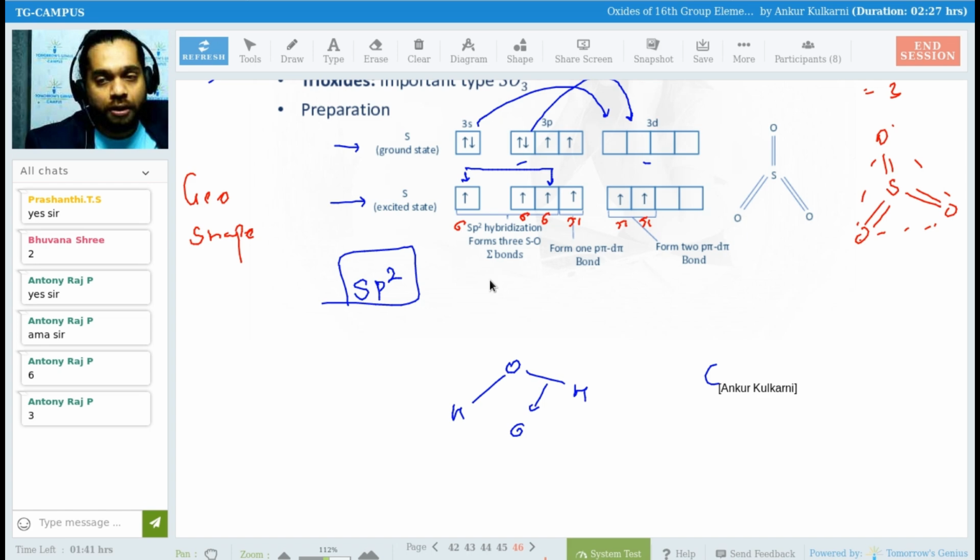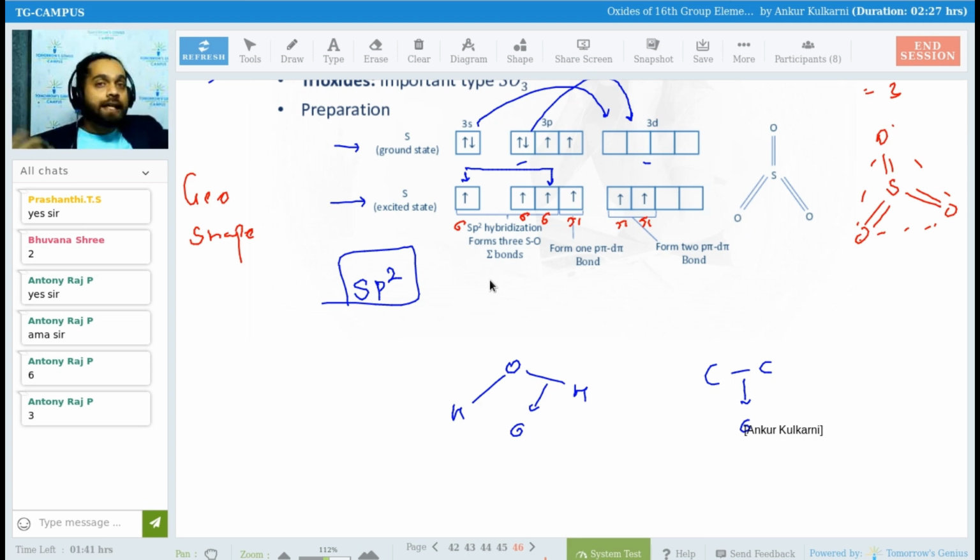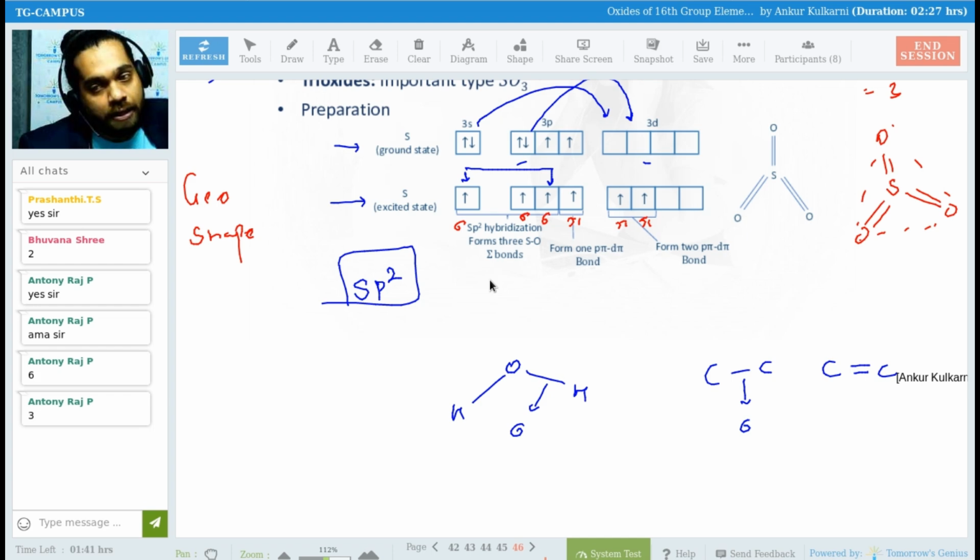Similarly, suppose I have CH4 or a carbon-carbon single bond, this is a sigma bond. But when I increase a bond, let us say I make a double bond, one will be sigma and one will be pi. When I increase one more, it will contain 1 sigma and 2 pi bonds. So similarly, Anthony, what we have over here is SO3.